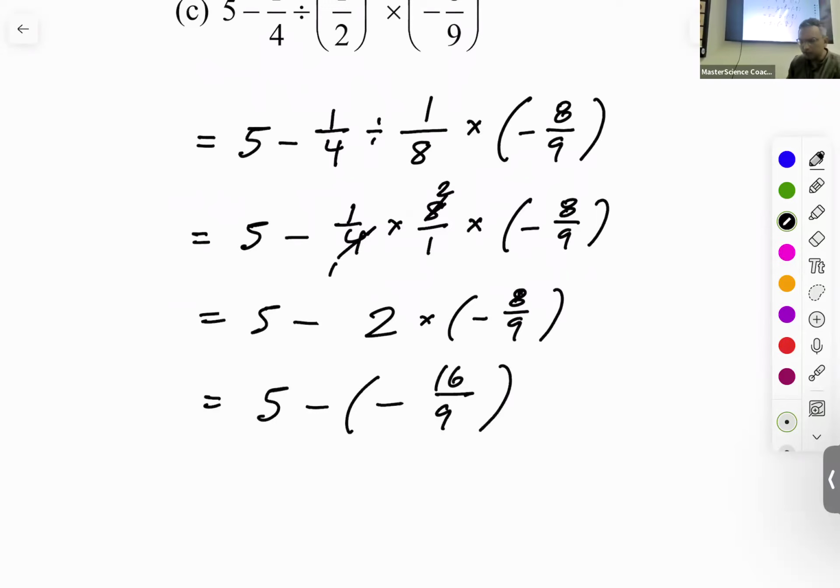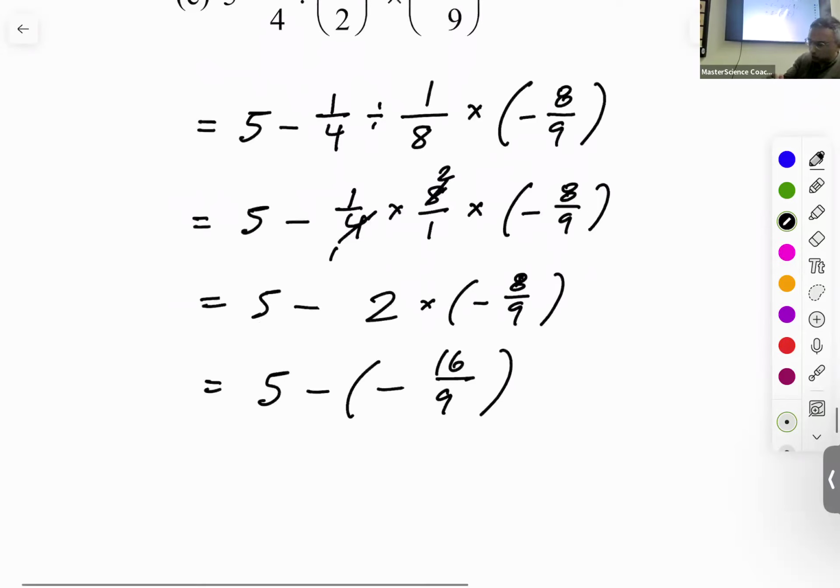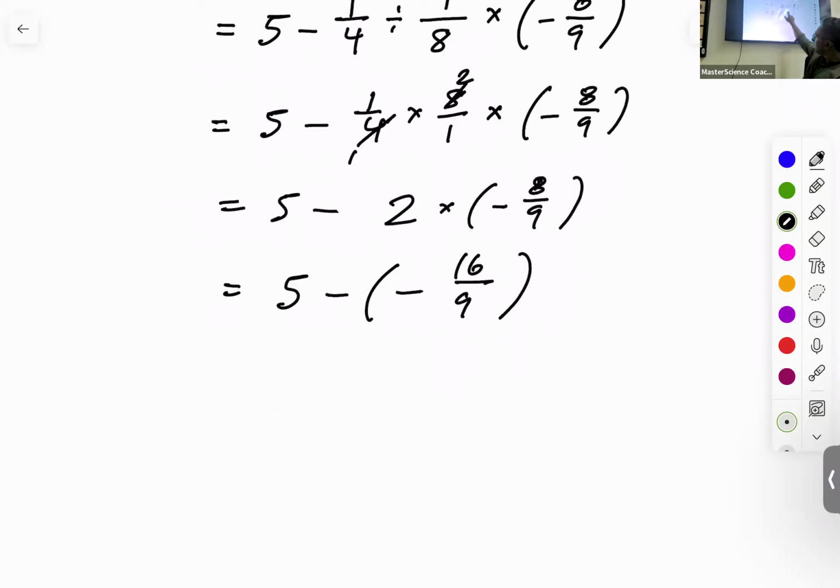Do you know why it's 16? Because it is 2 times 8. So you remember, right, in primary school you were taught something like this.